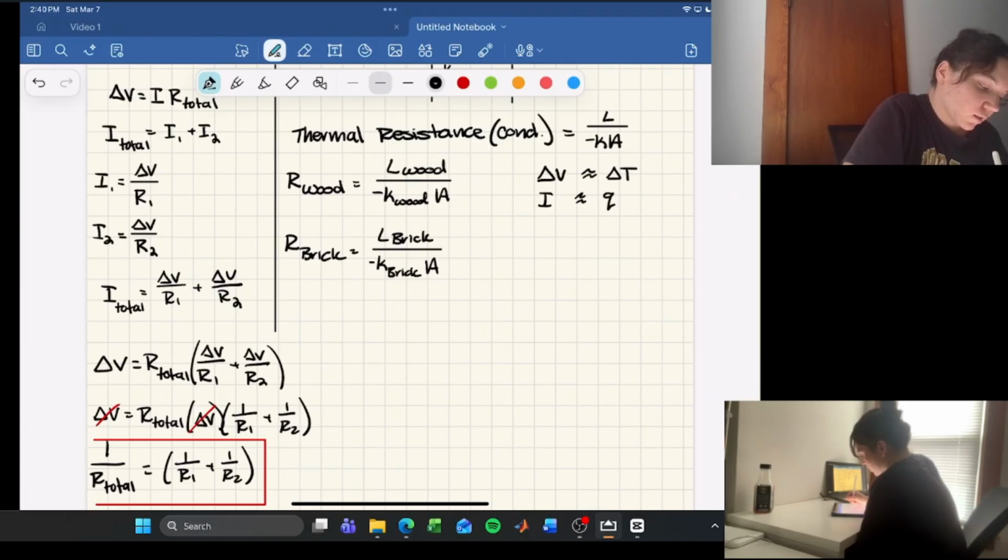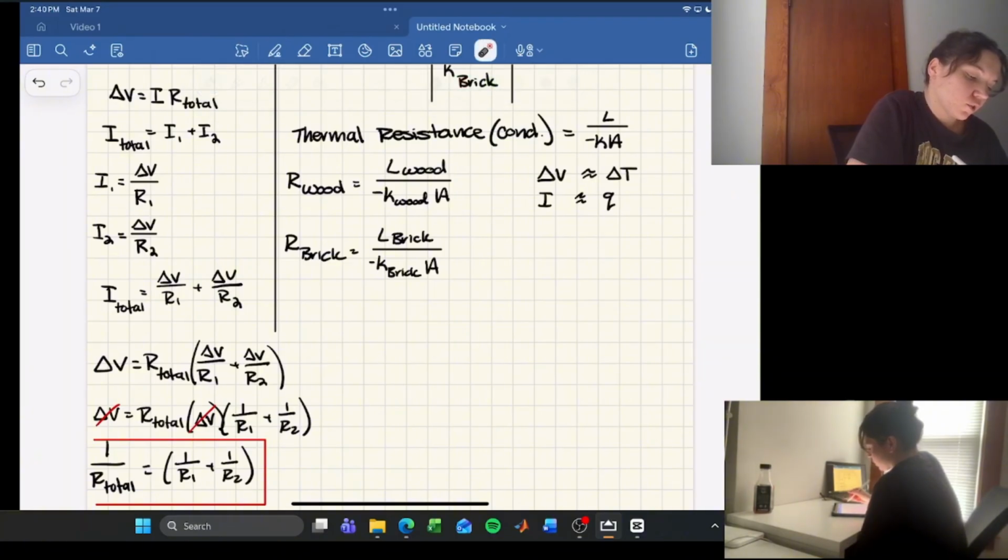And the resistance in Ohm's law is similar to the thermal resistance here.